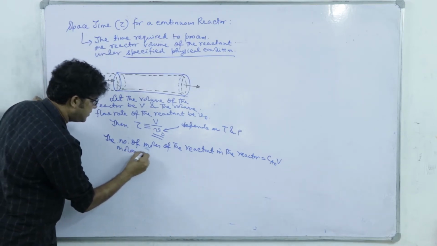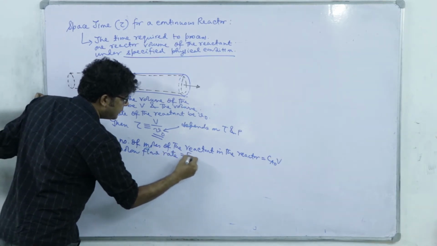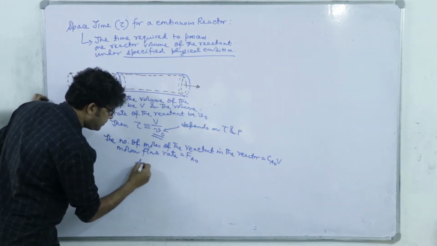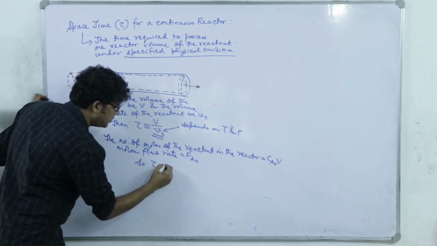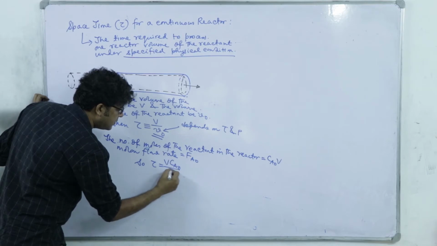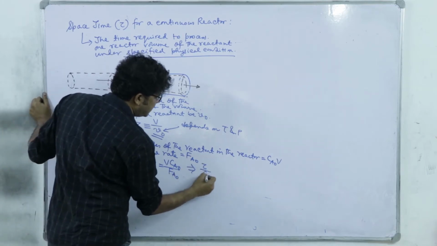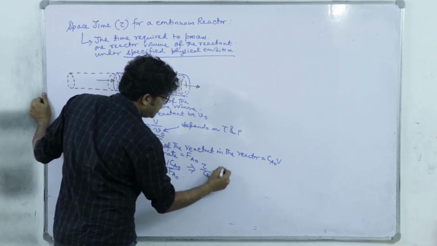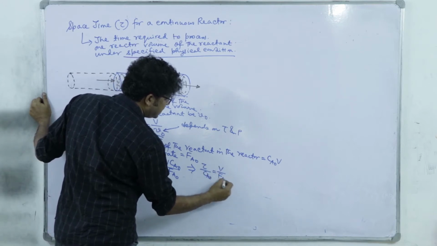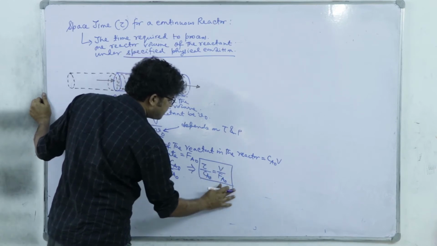Molar flow rate is Fa naught. So, tau is also equal to V into Ca naught by Fa naught. So, we have a very important unique relation for continuous flow reactor, that is tau by Ca naught equal to V by Fa naught.